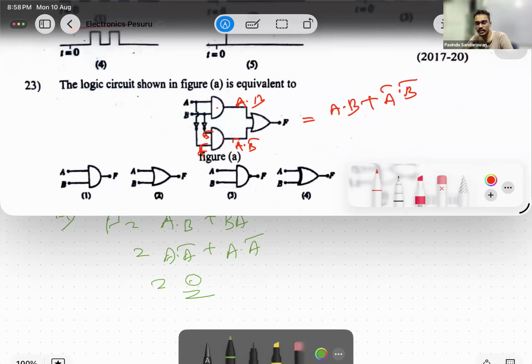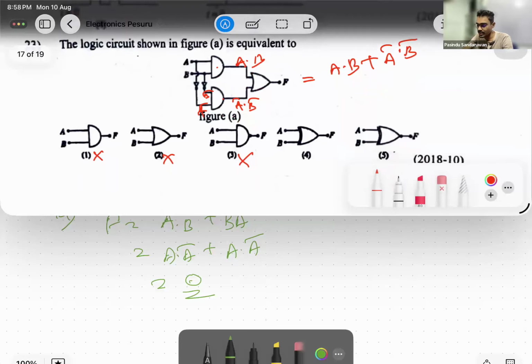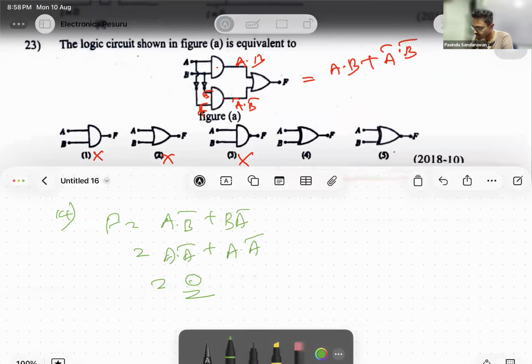That is not a familiar one. We know the output of an AND gate is A dot B. Wrong. The output of an OR gate is A plus B. Wrong. The output of a NAND gate is A dot B bar. Wrong. The outputs of XOR and XNOR are two special ones.